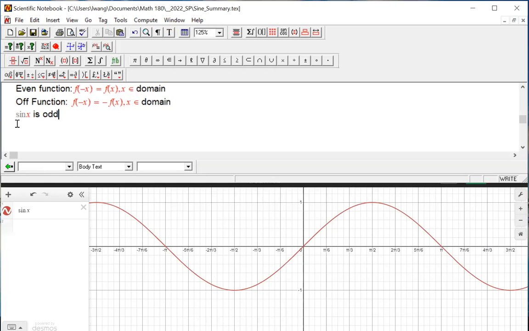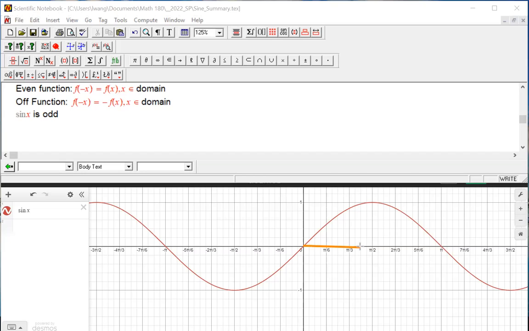A sine function is defined on the entire number line. So let's look at some examples of whether it's even or odd, which you have already seen from the unit circle. Let's look at the graph. I'm going to use an arbitrary value, not a special value here.